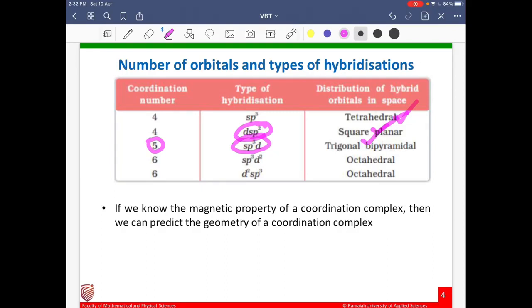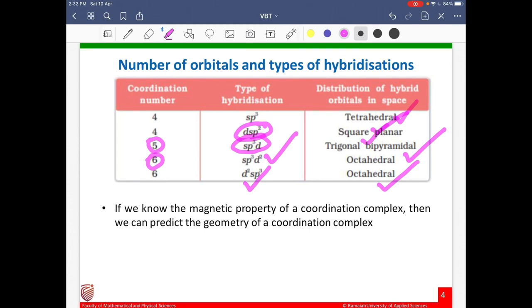If the coordination number is 6 and the hybridization is sp3d2, then the shape will be octahedral. And if the hybridization is d2sp3, then also the distribution of the hybrid orbitals in space is octahedral.